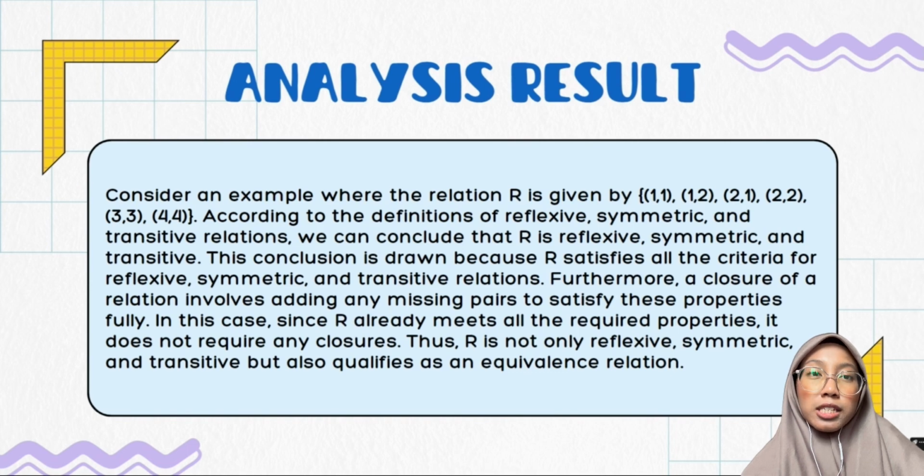Furthermore, a closure of a relation involves adding any missing parts to satisfy these properties fully. In this case, since R already meets all the required properties, it does not require any closures. Thus, R is not only reflexive, symmetric, and transitive, but also qualifies as an equivalence relation.